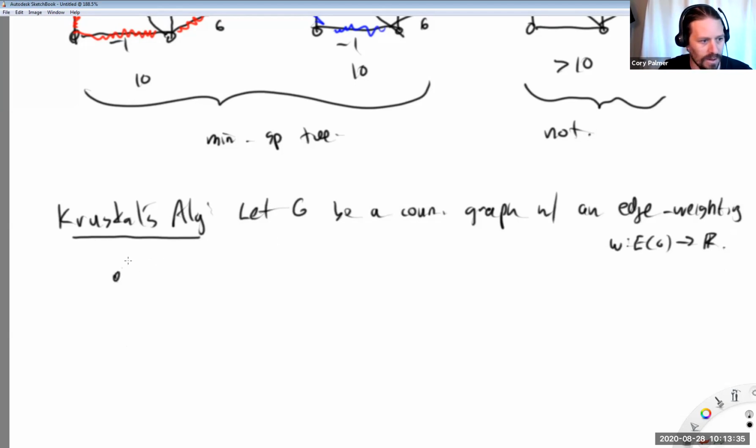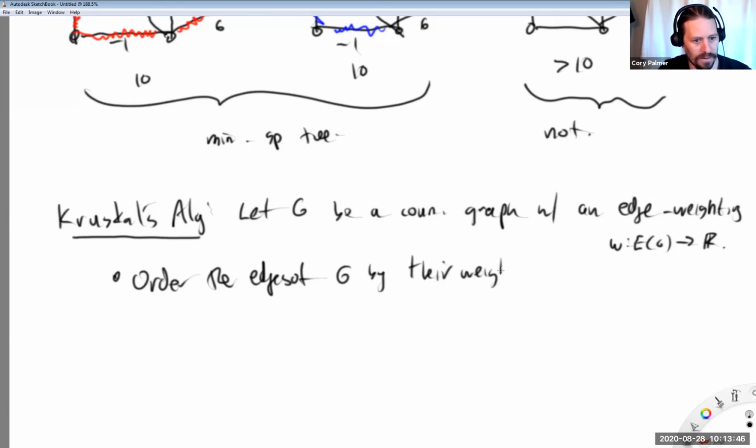So what am I going to do? I'm going to order the edges of G by their weight, smallest to largest. I just arrange the edges of the graph G in order according to their weight. There may be multiple edges of the same weight.